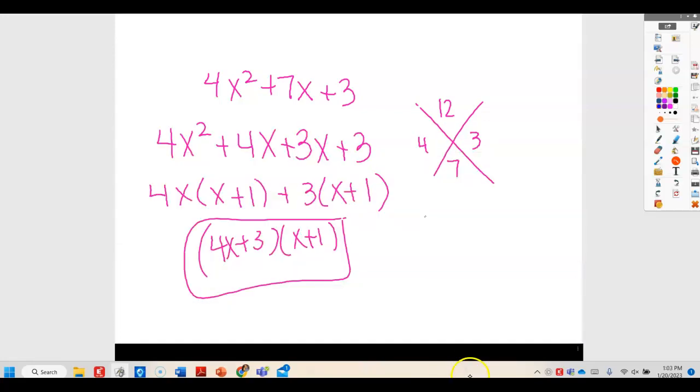I think I hit everybody for this one too. That was 4x plus 3, x plus 1. Since they're multiplied and multiplication is commutative, the order we write them doesn't matter.